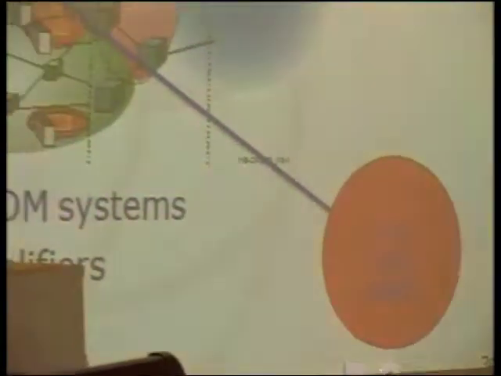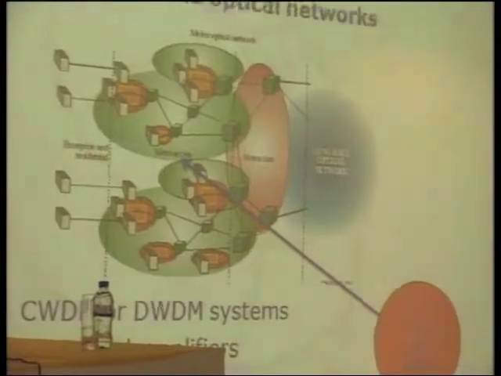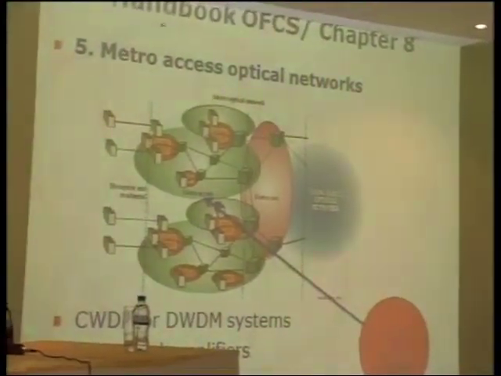That's very simple. It's only the distance between the lambdas. In dense WDM, the lambdas have a distance which can be 100 gigahertz or less. Of course, this is a grid, and I can use alternating lambdas, for example, to have lambdas that are 200 gigahertz apart.